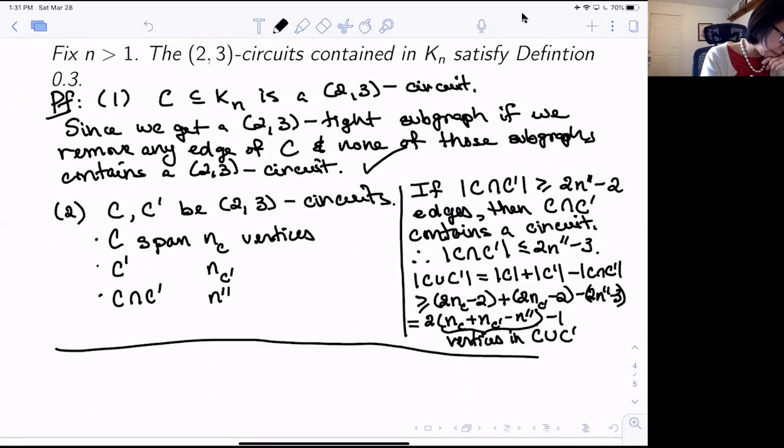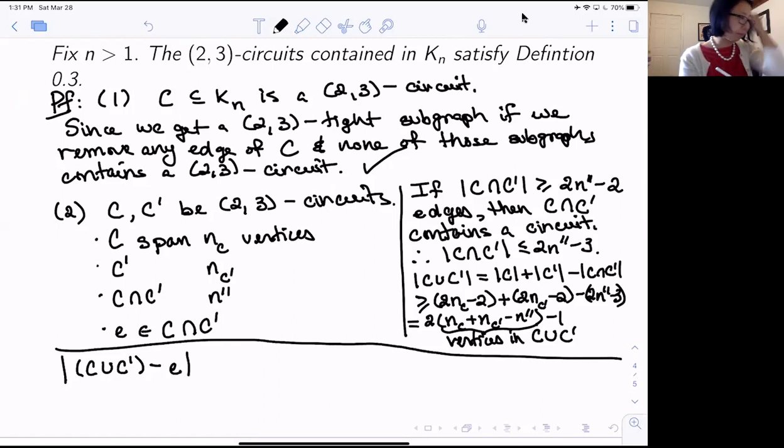Ooh, look, I had all that extra room down here, huh? And now let's look at the size of the set that I get when I take the union of the two circuits and throw away, I was supposed to say maybe at the very beginning, suppose that those are 2-3 circuits, and I have an edge e that's contained in their intersection. So now I'm going to throw away that edge e, and I'm only throwing it away once.